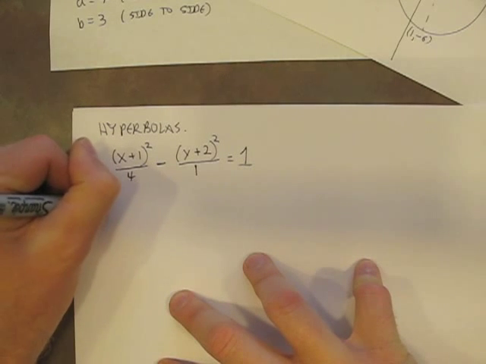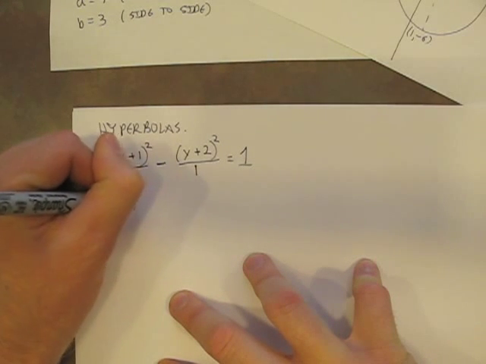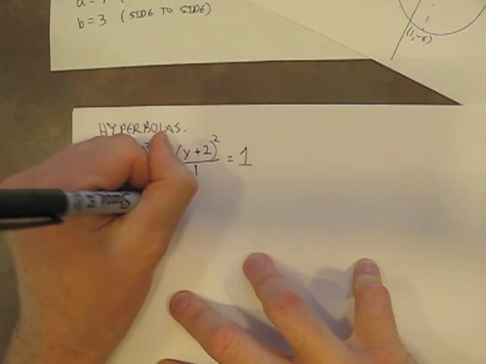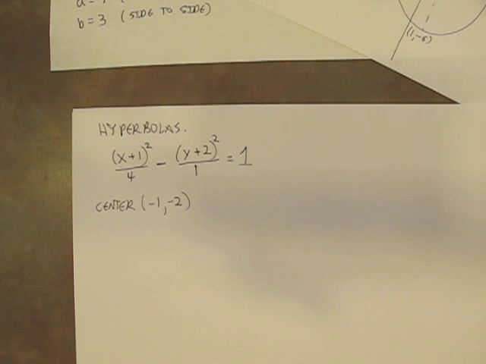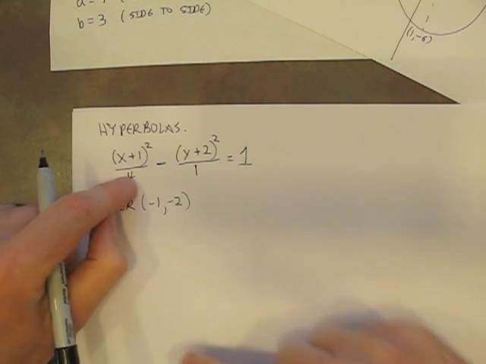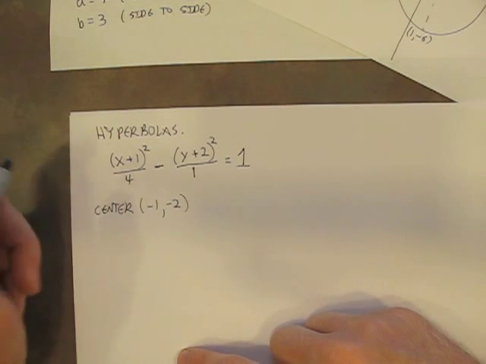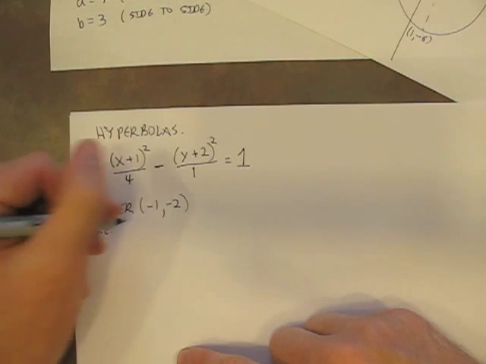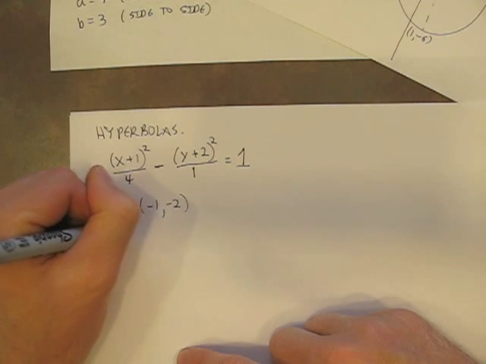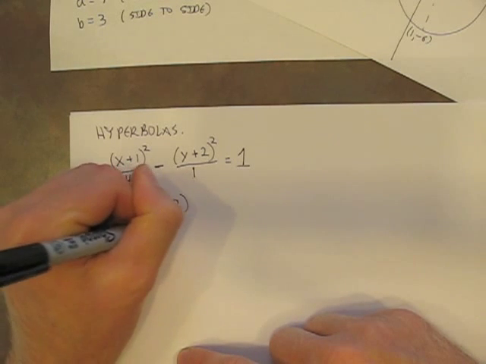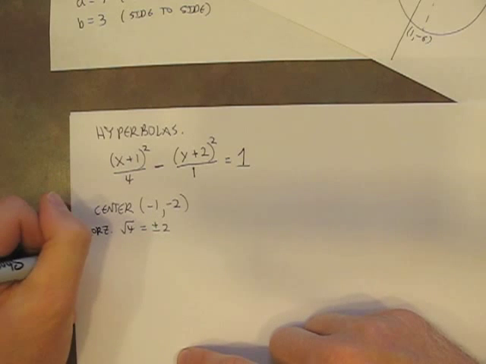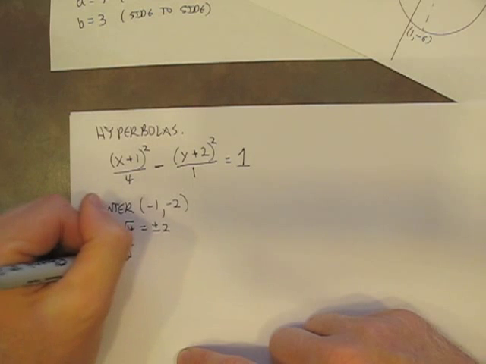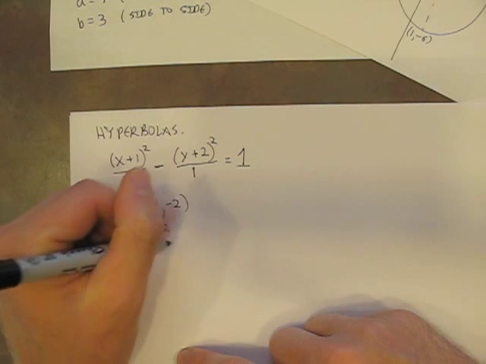So my center is going to be -1, -2, and then I'm going to go horizontally square root of 4, plus or minus 2, and vertically I'm going to go square root of 1, plus or minus 1.